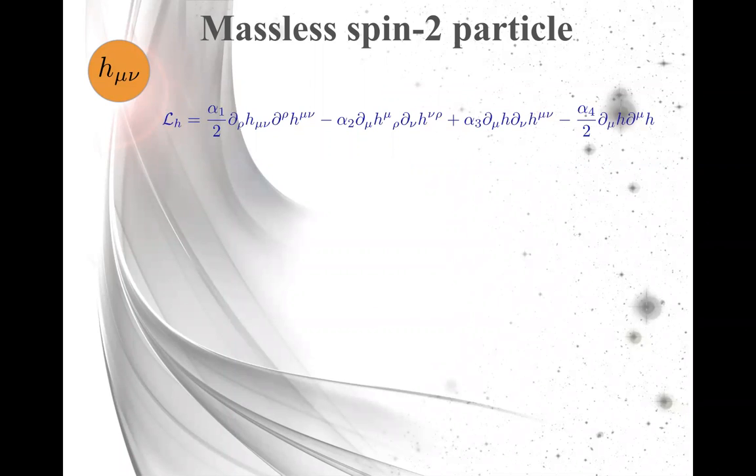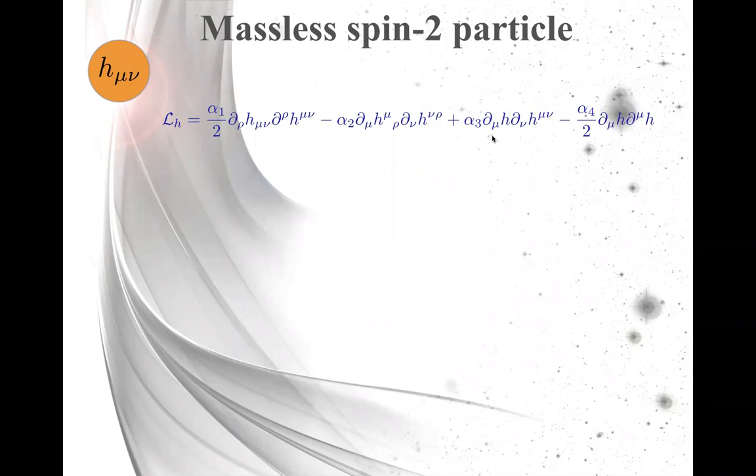So how do you then construct this massless spin 2 particle, which I have denoted here by this symmetric h_μν? So you write down the quadratic Lagrangian with all the possible contractions. So quadratic in the partial h, and you have 1, 2, 3, 4 independent contractions.